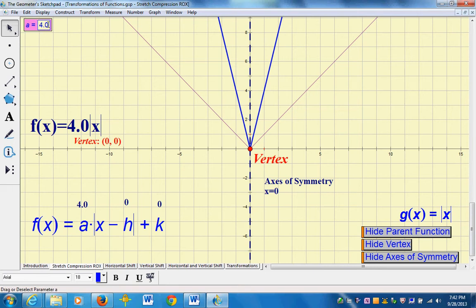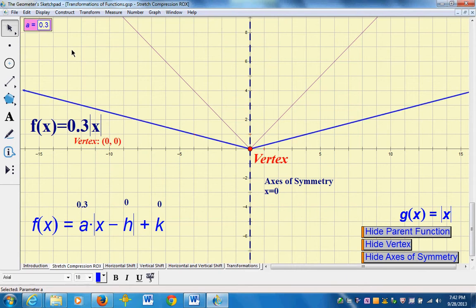I can make this 1/4. Notice how it's gotten wider, it's compressed. So that's simply what the A is doing. The A is simply either stretching, compressing, or reflecting my function.